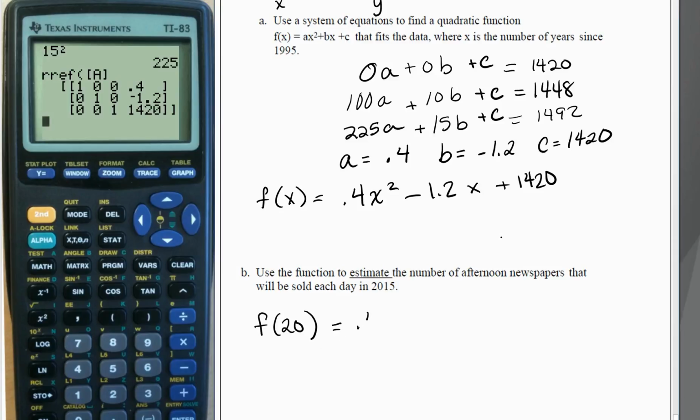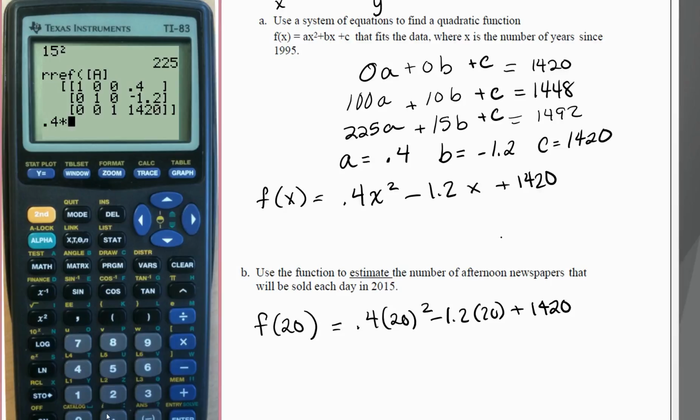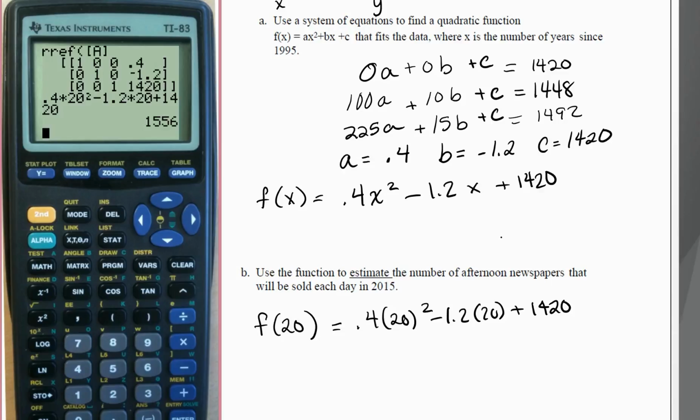That will be 0.4 times 20 squared minus 1.2 times 20 plus 1420. Okay, and we see that this is saying that the average number of newspapers would be 1556.